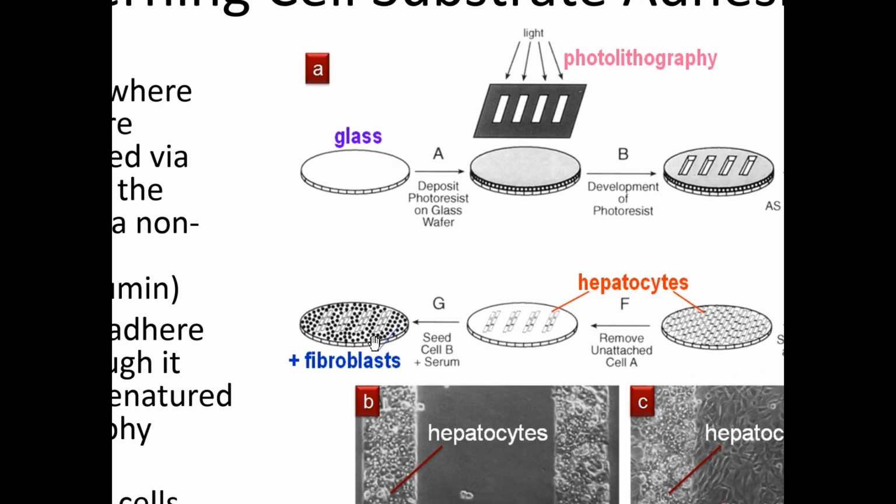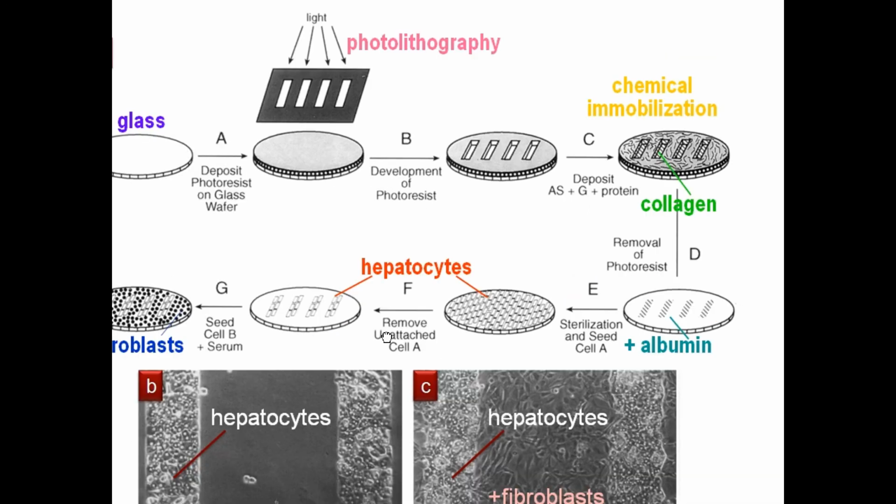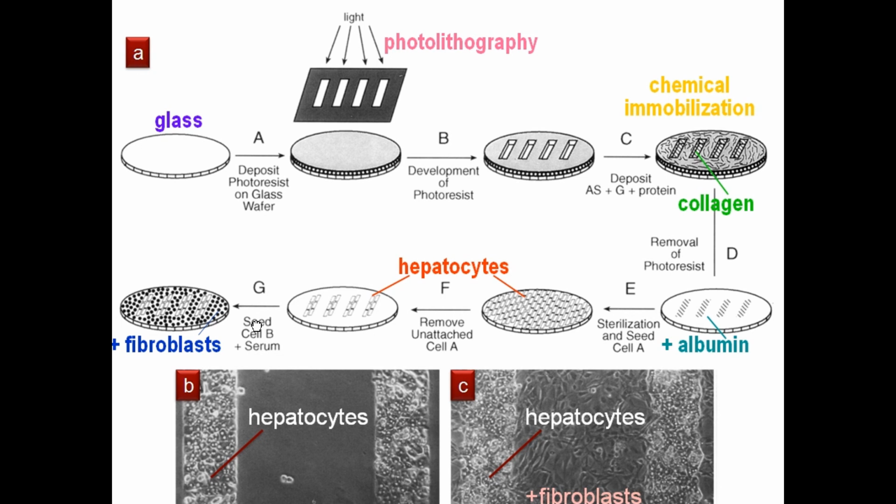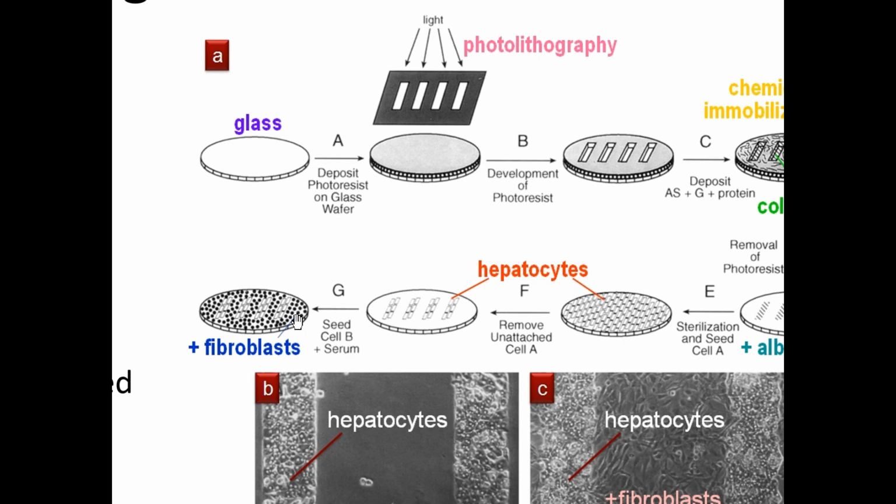Then, okay, you have this albumin-covered region. However, albumin can be overcome. Like if you add a lot of cell serum to this, for example, cell serum has a lot of proteins in it which makes it material attractive to a cell. The cells will stick on there. So if you add the second group of cells and you add serum with it, then now you have the second cell type coating everything that the first cell type did not.